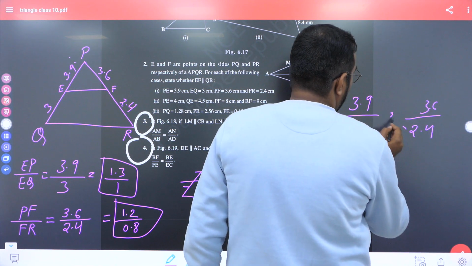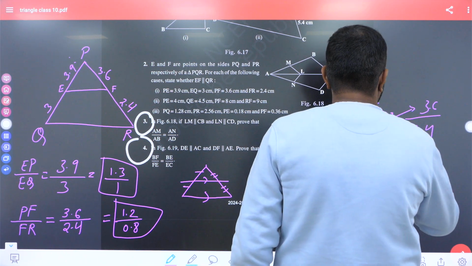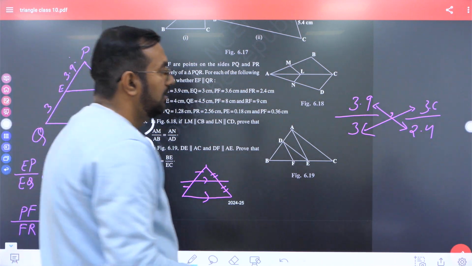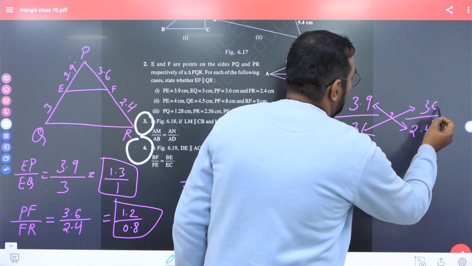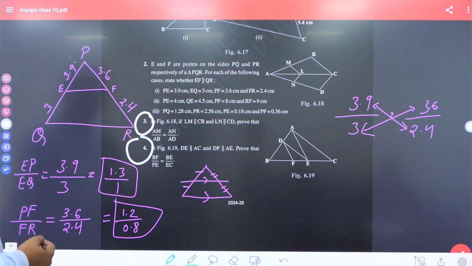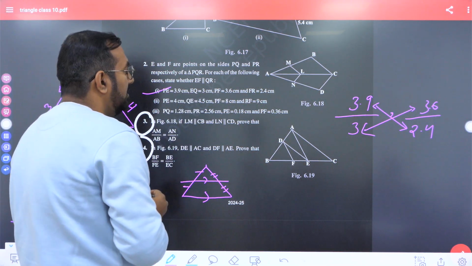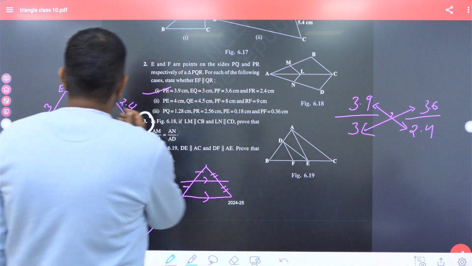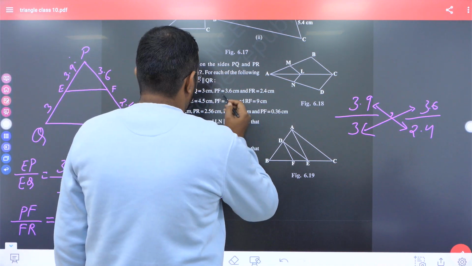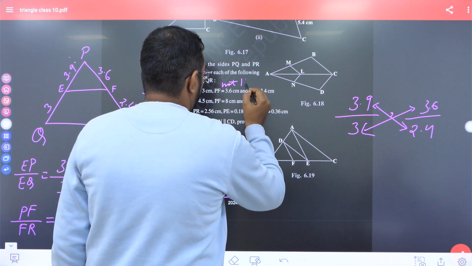Cross multiply means multiply this one by this and this one by this. If both are equal, then the ratios are equal. So for the first case, we can say that EF is not parallel to QR. For the first case, not parallel.